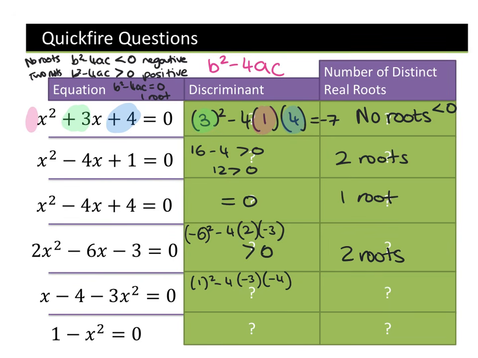That's going to give me a negative number, isn't it? It's less than 0, so it's got no roots. Then our b is 0. So we're going to do 0 squared minus 4 lots of 1 times minus 1, which is positive. So 2 roots.